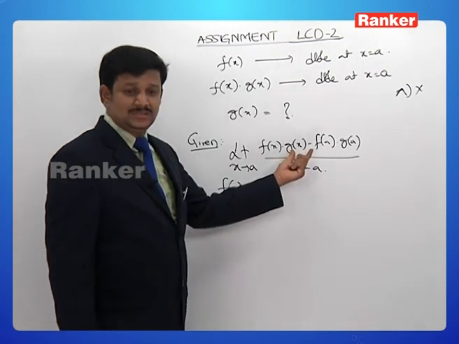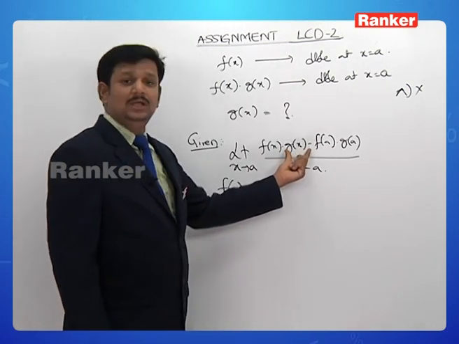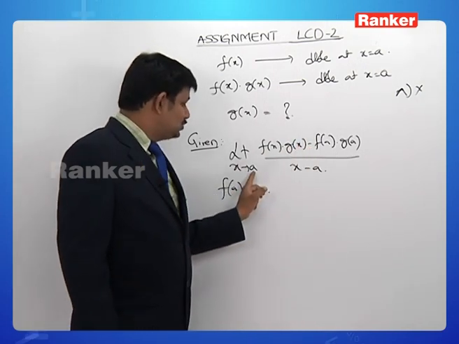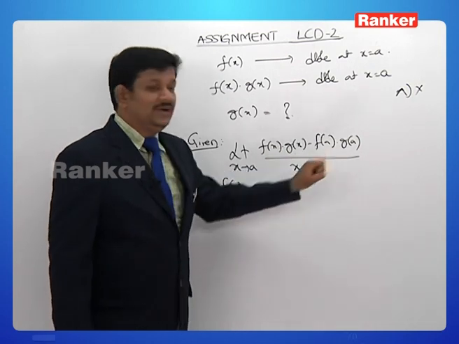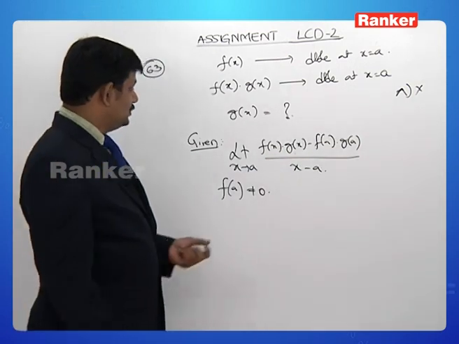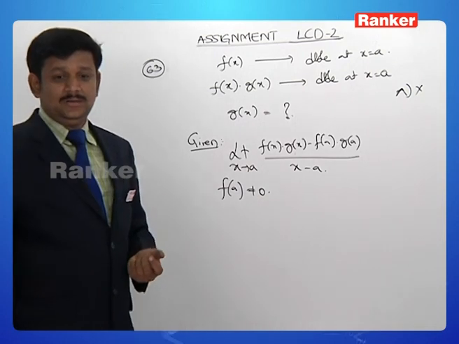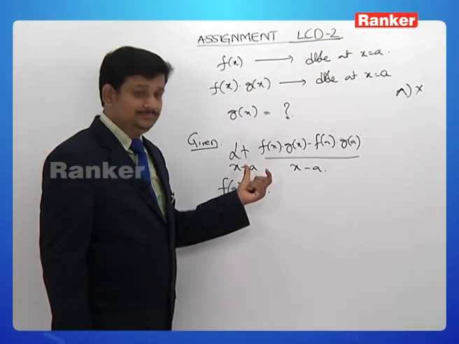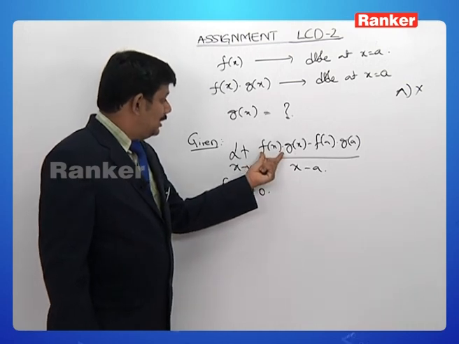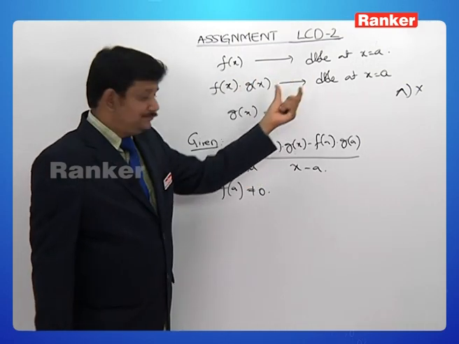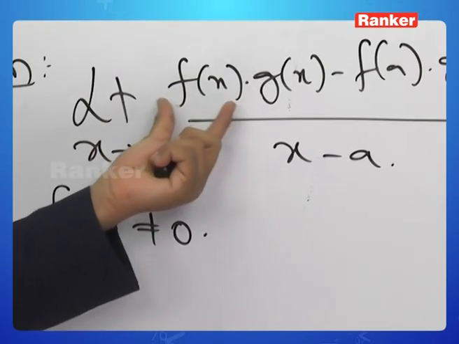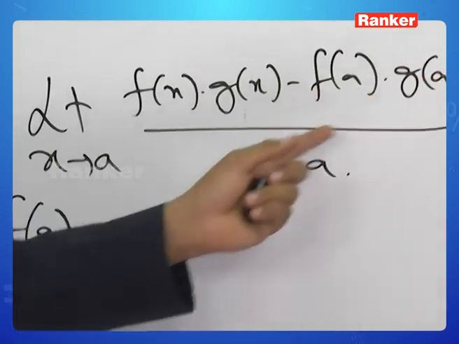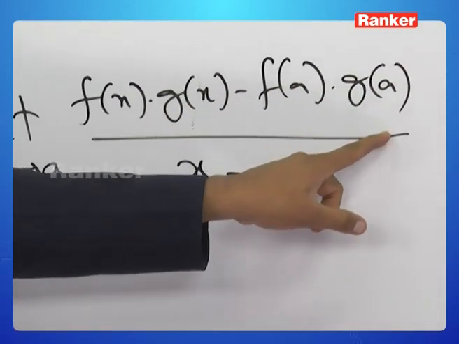If g of x is discontinuous, g of x as x tends to a would behave differently from g of a. So, f of x is differentiable. F of x as x tends to a would be the same as f of a. F of a I can take common. G of x is different from g of a.